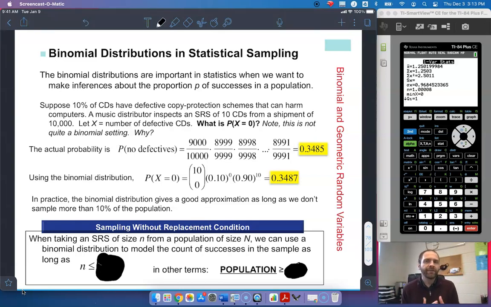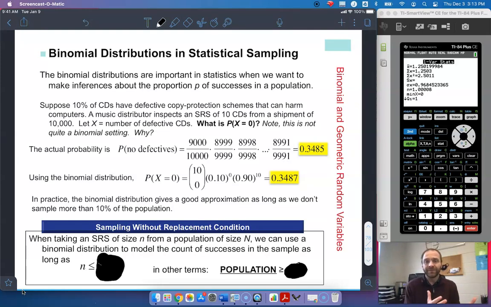So the real probability of this situation, following that 10% rate, is that out of the 10,000 CDs, 9,000 of them would not have a defect. No defect. If 10% is a defect, 90% is not. 90% of 10,000 is 9,000. So as soon as I pick that one CD, and let's say there's no defect on it, now there's 9,999 CDs in that shipment.